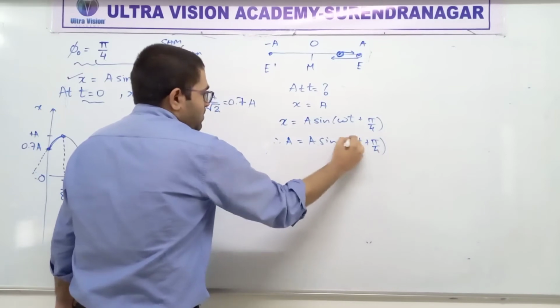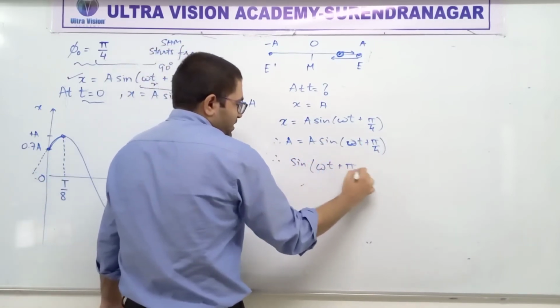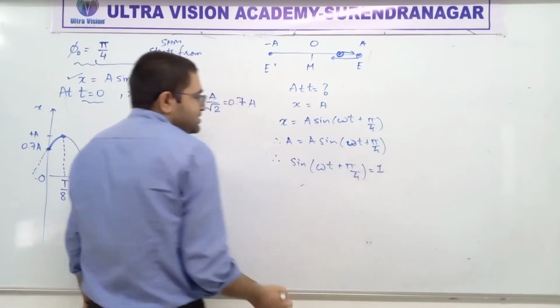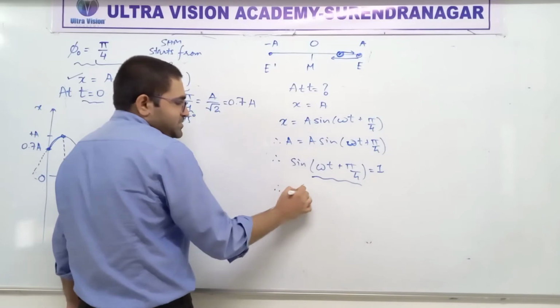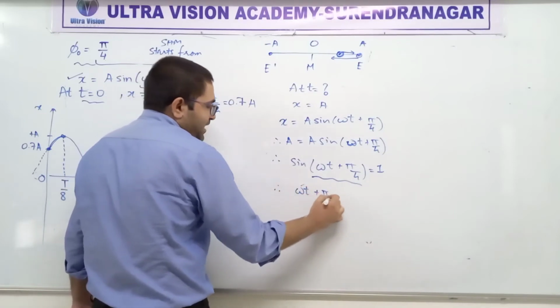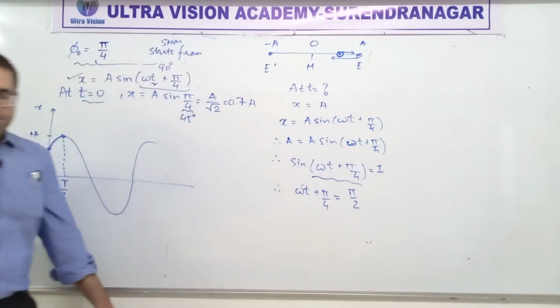So now sine of omega t plus pi by 4 is 1. Think which angle gives you sine 1. The obvious answer is 90 degrees or pi by 2. Is that okay so far?